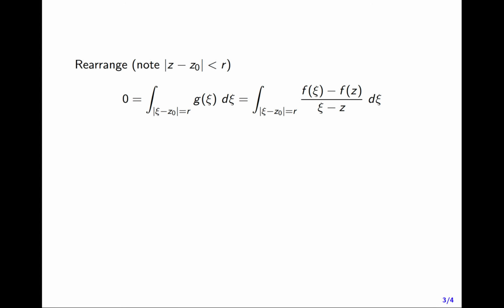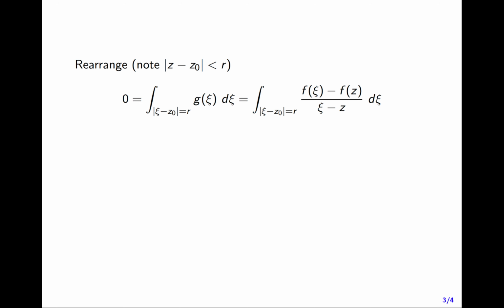And my point z satisfies modulus of z minus z0 is strictly less than r. So z does not lie on this curve. So for all c on this curve, I can replace G by the difference quotient. So 0 is equal to the integral over modulus of c minus z0 equals r of f of c minus f of z over c minus z.